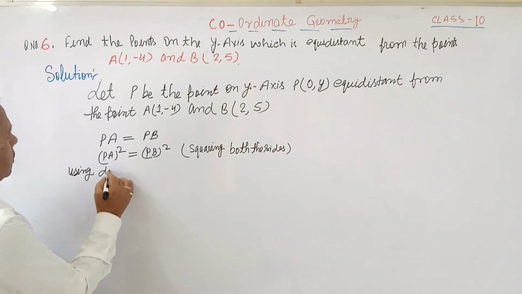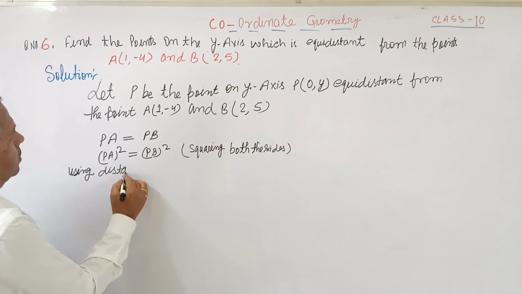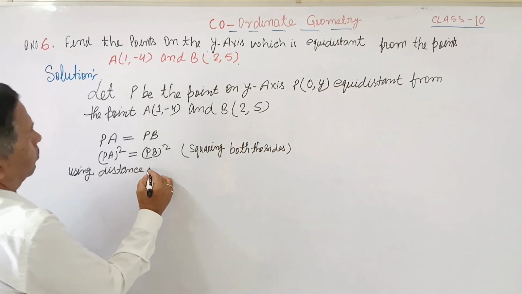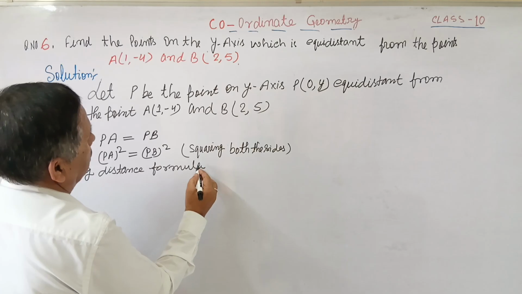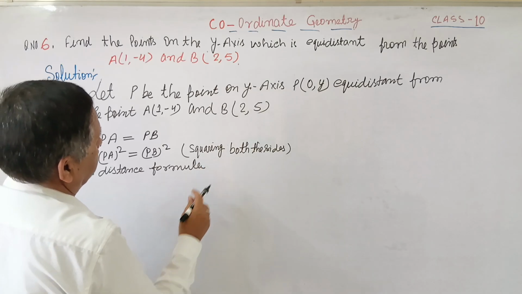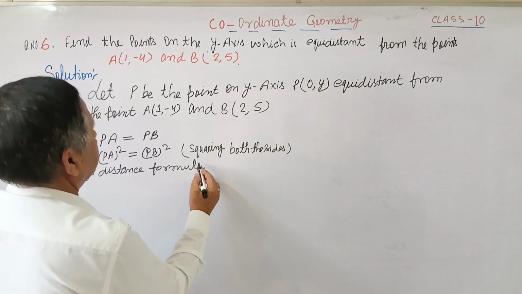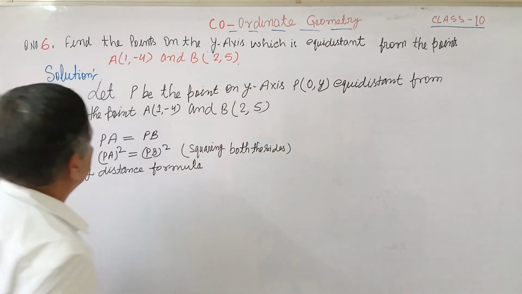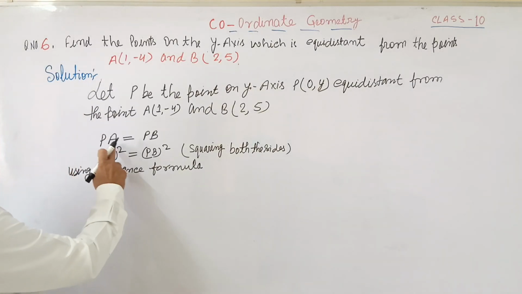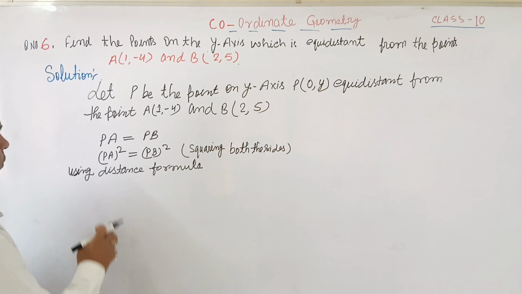Using distance formula, so we have got PA equals to PB.